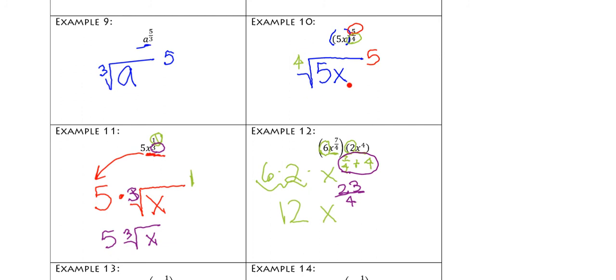We want to write it like a radical. Okay, that's our directions here. So finally, we want to write 12, which stays. The x is the only thing being raised to the exponent, so it's going to go underneath the radical there. 23 out here, and 4 is the root. And that is your final answer.